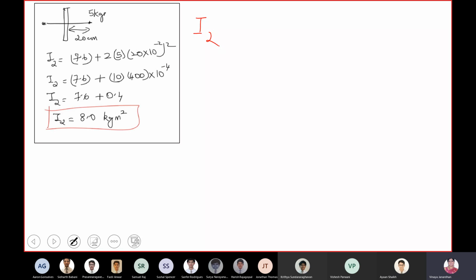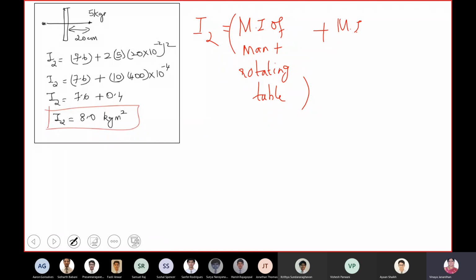Now it is this way, right? So now I2 will be the moment of inertia of the man and the rotating table, which is given as a constant value of 7.6, plus the moment of inertia of the 5 kilogram masses.